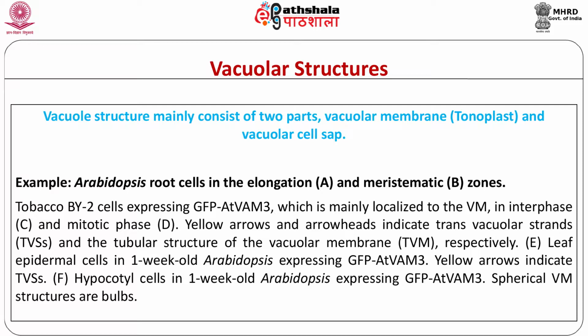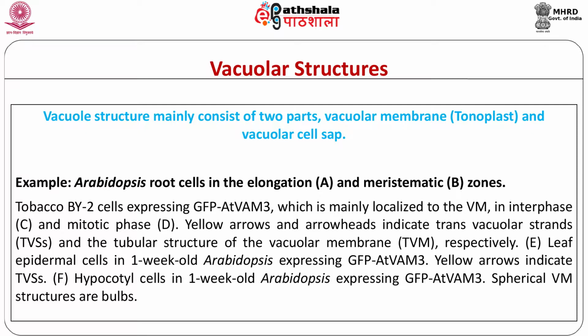Here, a tobacco BY2 cell expressing GFP-AtVAM3, which is mainly localized to the VM, that is the vacuolar membrane, in interphase and mitotic phase. In D, yellow arrows and arrowheads indicate transvacuolar strands, that is TVS, and the tubular structure of the vacuolar membrane, that is TVM, respectively.